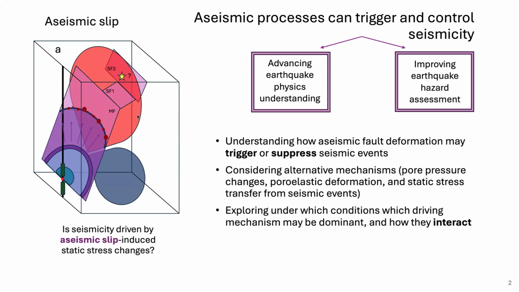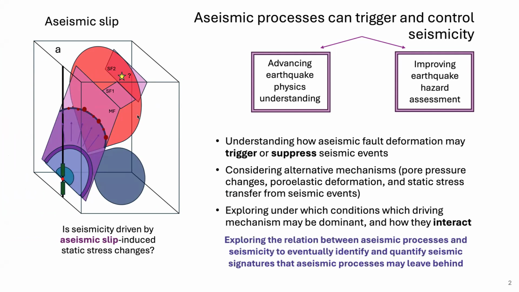Of course, we will consider other mechanisms like pore pressure diffusion or the poroelastic effect and so on. And we will consider the fact that all these mechanisms may interact. And of course, the final goal would be understanding if we are capable of quantifying the seismic signatures that might be related to the potentially aseismic driver.